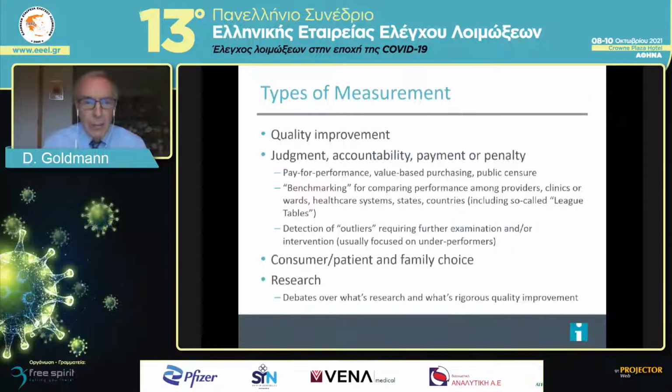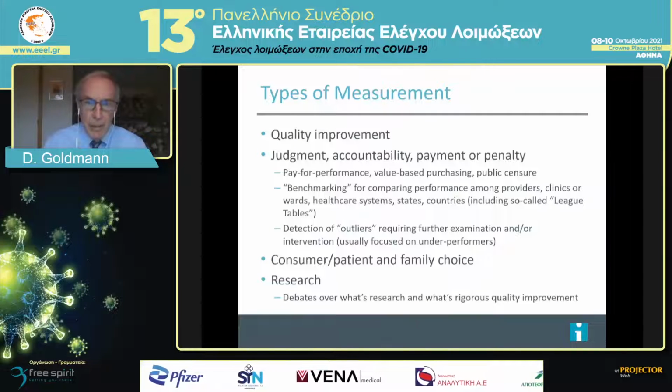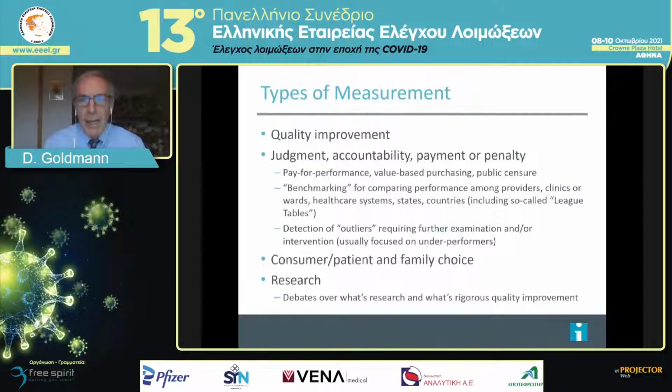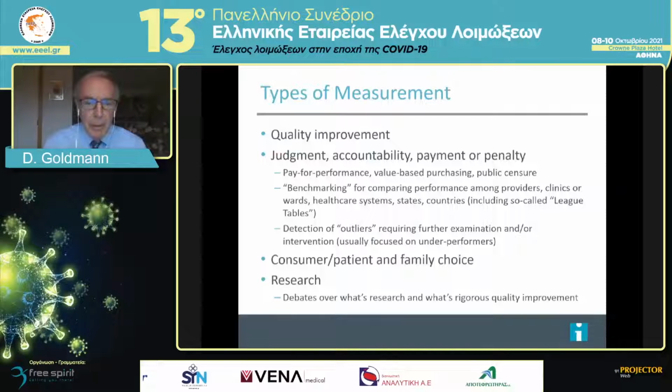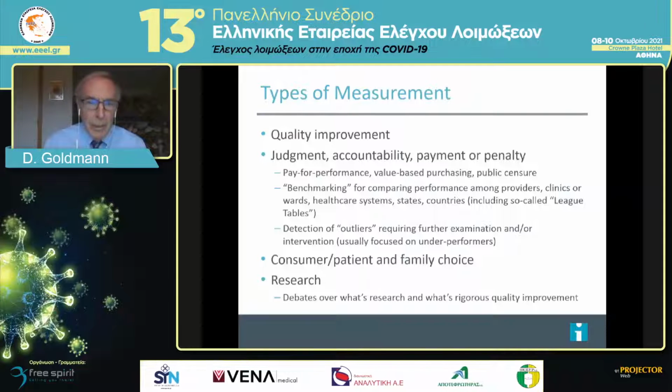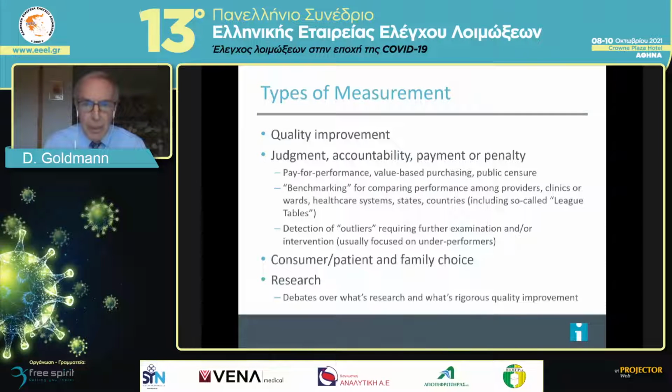I like to talk about four types of measurement. The one we'll focus on today, of course, is quality improvement measurement, measurement for improvement. But what quality improvement people don't do enough, I think, is talk about measurement that is for judgment, for accountability, for payment, or for penalty.